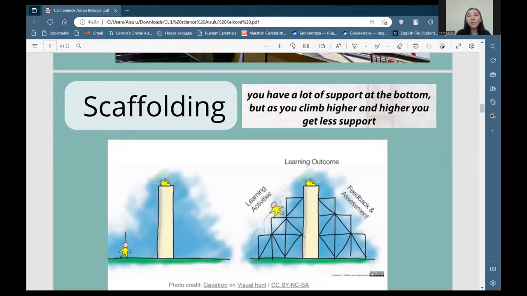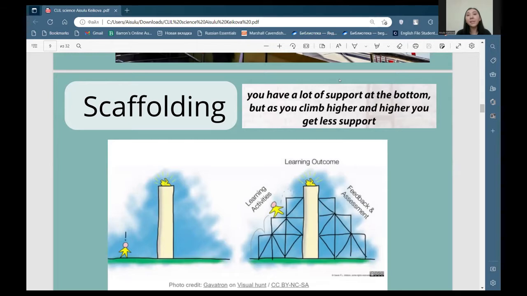At the beginning, as you can see, there is a wide range of support, so the teacher should provide bigger support. And as the student goes, the teacher will provide less and less support in order to make the student less dependent on the teacher and become an independent learner.